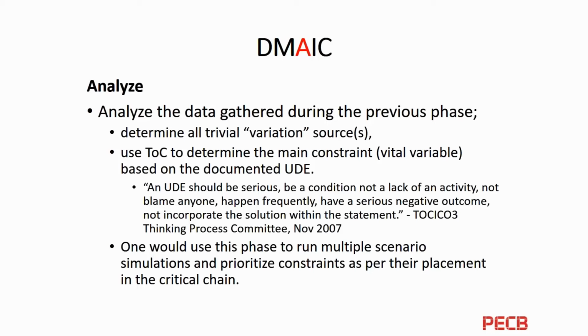Really, an undesirable effect should be a condition, not a lack of activity, not a blame. We don't want to throw the blame or the cat onto somebody else's backyard. It should happen frequently and should have a serious negative outcome. Do not incorporate the solution within the UDE statement.